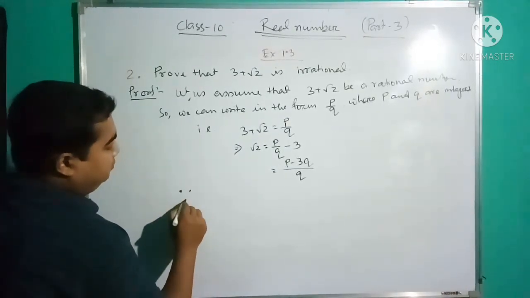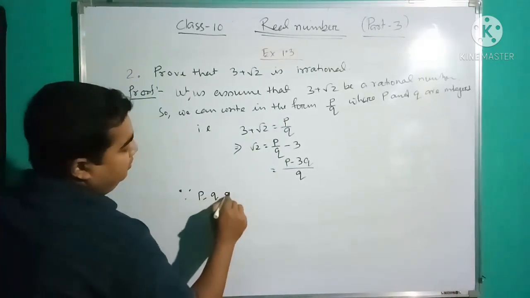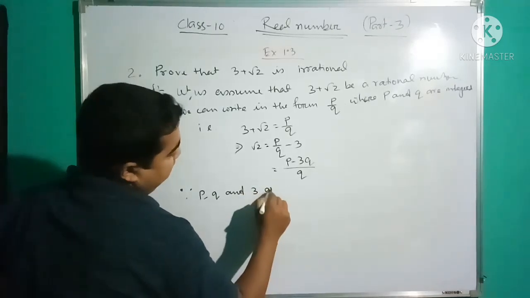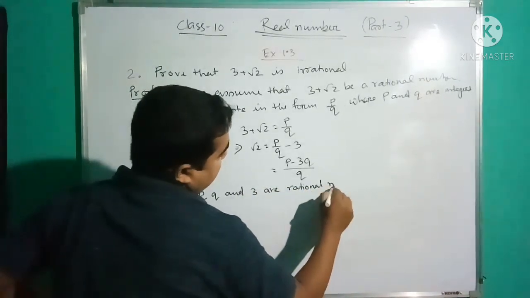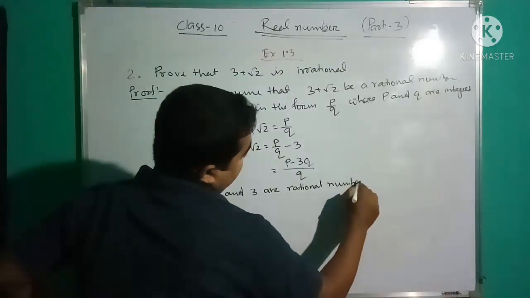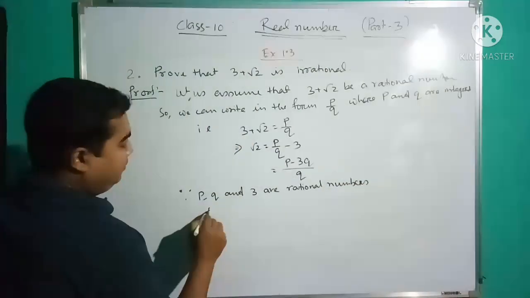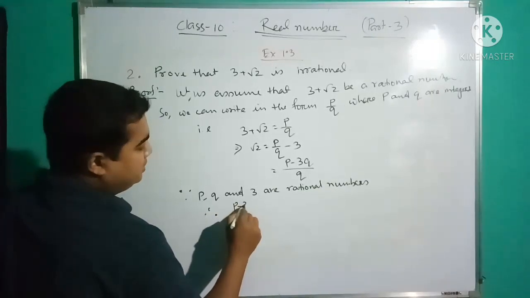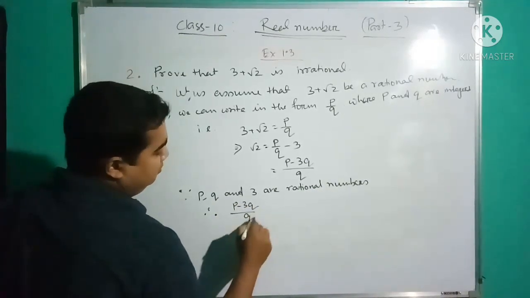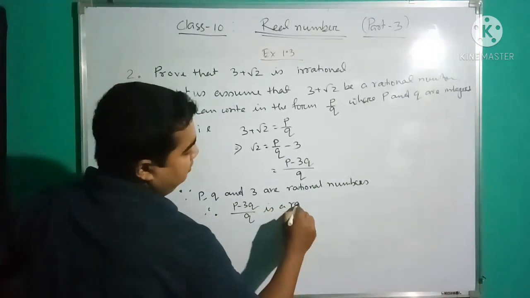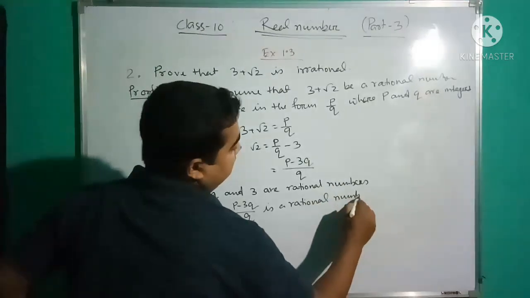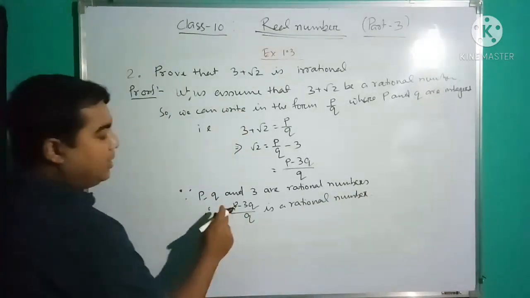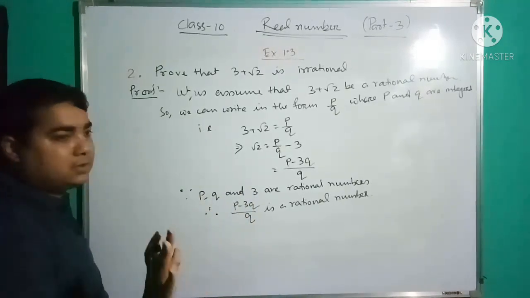Since p, q and 3 are rational numbers, therefore p minus 3q by q is a rational number.